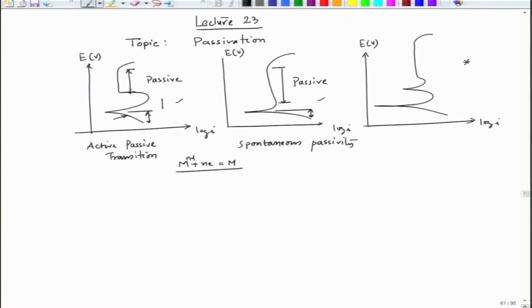But if we go upward from this corrosion potential, this is E corr, the corrosion potential, we are actually going into the anodic side. So, in this zone we have this reaction. That means passivity is achieved when we go to the anodic side.